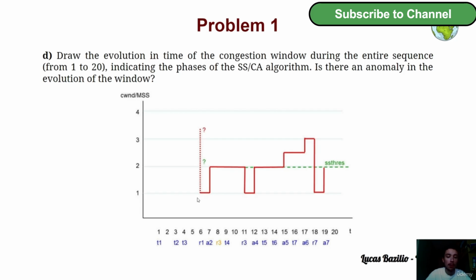So very simply, we can see here that at exchange 6 we can guarantee that the congestion window has the value 1 maximum segment size. Keep in mind that in all of this graphical representation, the value on the y-axis represents the number of maximum segment sizes. This is 2 maximum segment sizes, 3 maximum segment sizes, and so on.